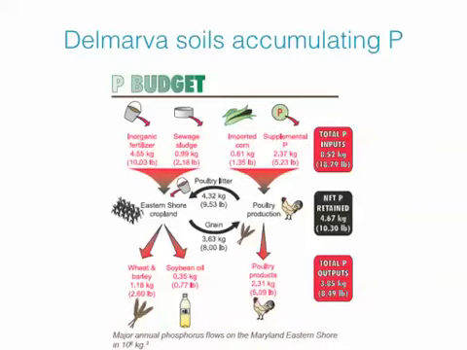Now, the other difference here is that nitrate as a form of nitrogen comes through in groundwater.